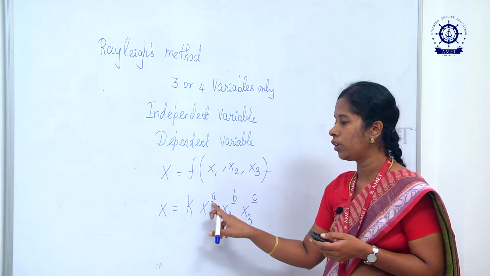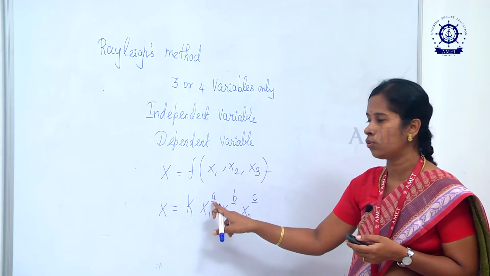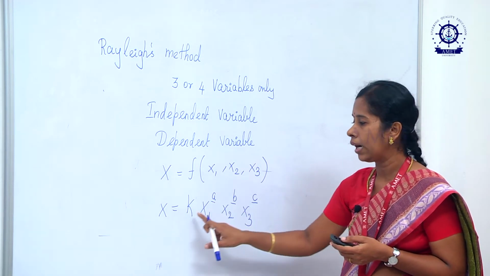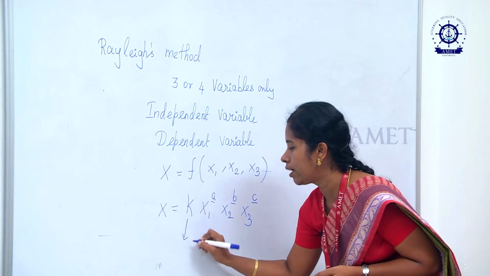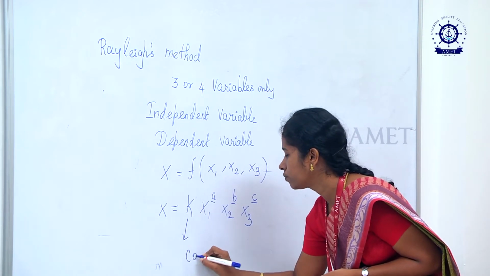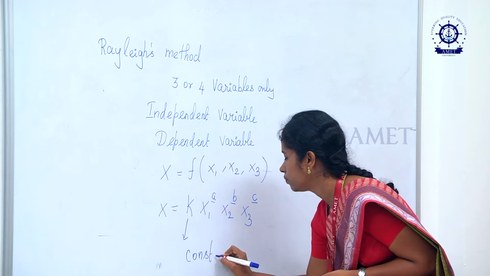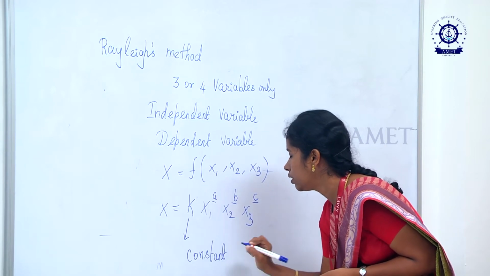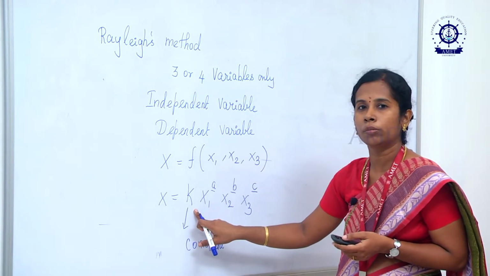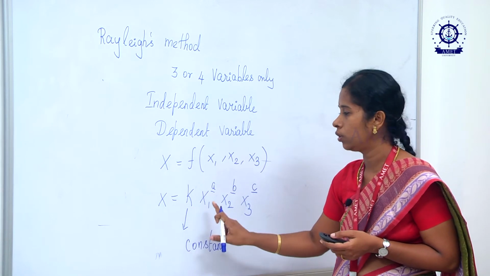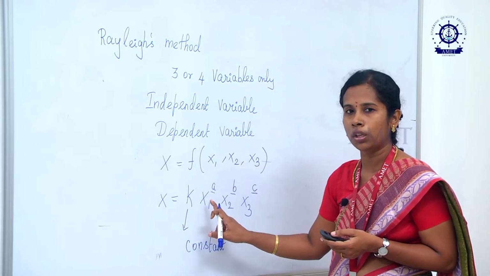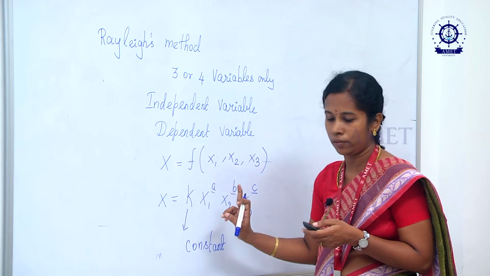We have to find these constant values a, b and c, and this k is also a constant. This value can be taken from the experiment which we conduct. So, for a, b, c we have to solve the equations and find the values.